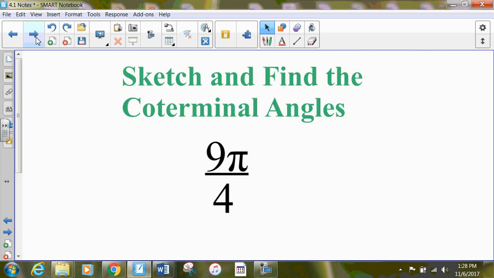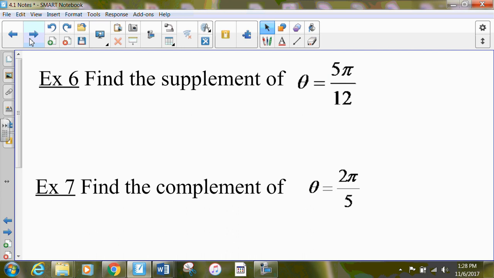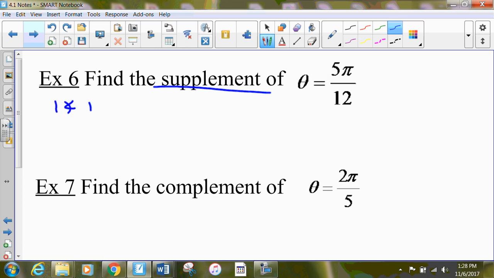Okay, we did some marker boards in class. Okay, let's talk about supplements and complements. When we see the word supplement, we know that means 2 angles, one angle plus a second angle, adding up to 180 degrees.